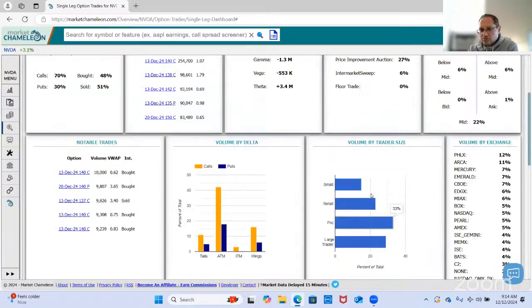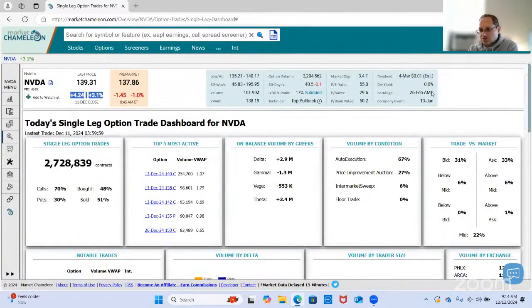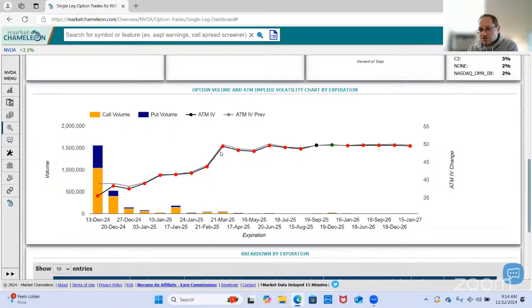And we could kind of confirm it because I'll go up here and we see that we're expecting February 26th, Nvidia to report earnings. So that's why we're seeing this pop in implied volatility between these two months. So that makes sense. And now we have that previous day's line.